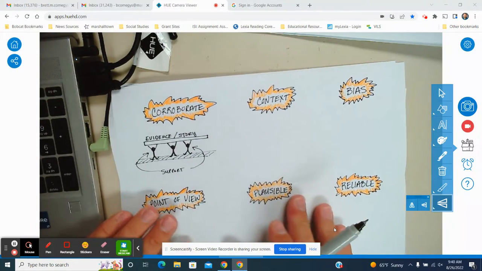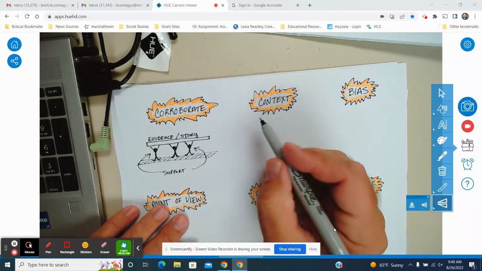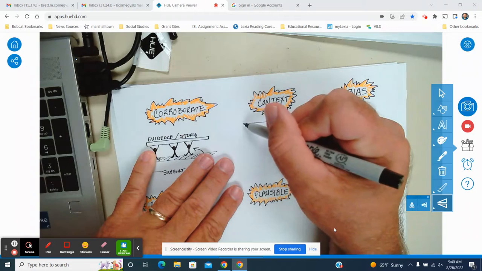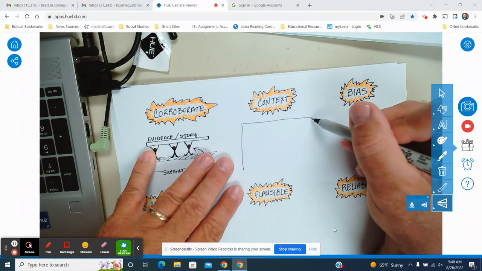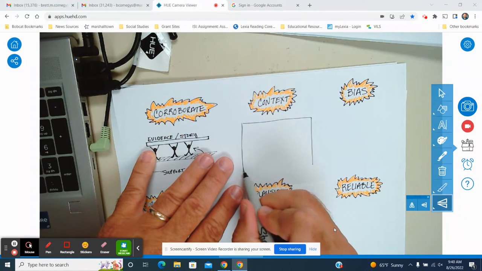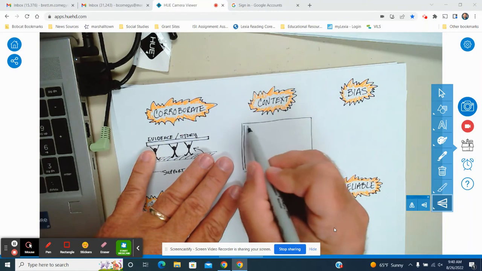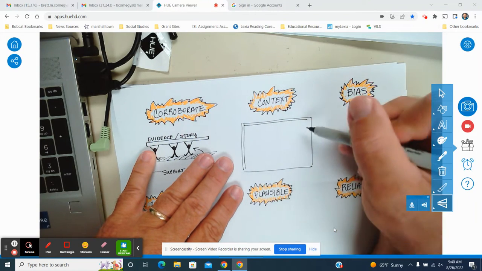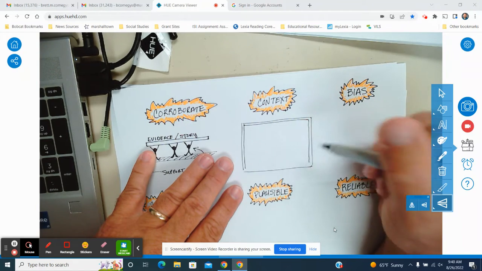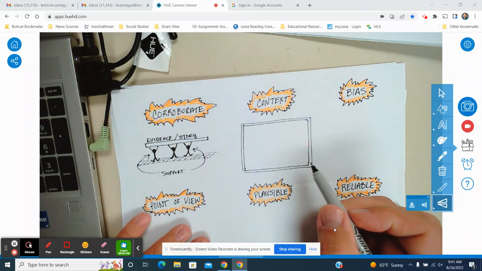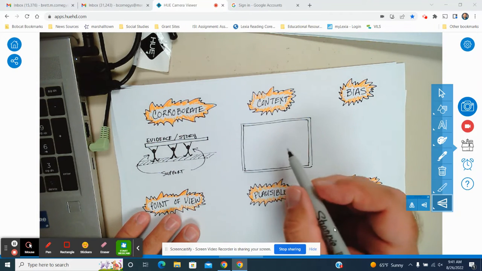Now, context is a whole different thing. I want you to think of a photo. And we're going to draw a little photo box real quick here. Nothing too fancy. We'll put the white edges because the old photos always had the white edges, like the Polaroids and stuff like that. A lot of you are too young to remember Polaroid.